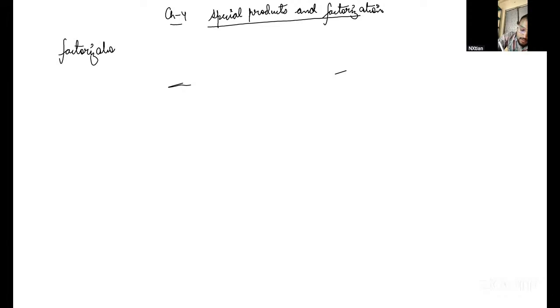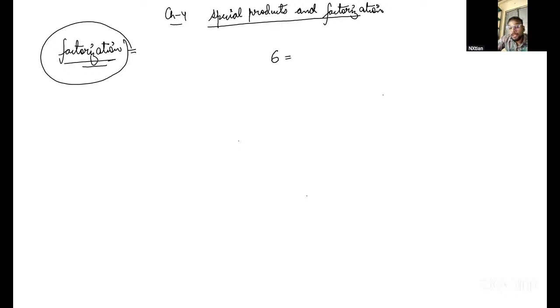What is the meaning of factorization? Factorization means finding the factors. Basically, it means in which table the number is coming. For example, if I say 6, what are the factors of 6?